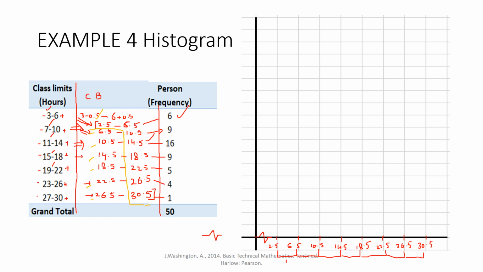This is our first class. Okay, what's the frequency? And this is our class boundary for the class, so it is 6. So 1, 2, 3, 4, 5 and 6. So it is here.